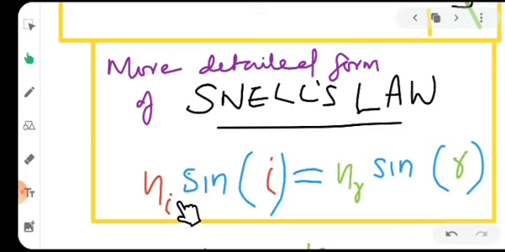All you have to remember is that Ni stands for the refractive index of the material from which the light comes, and Nr is the refractive index of the material into which the light passes or transmits. So how does this equation help us?